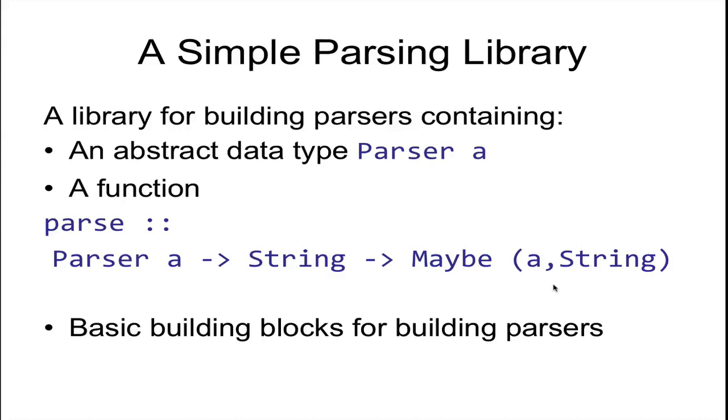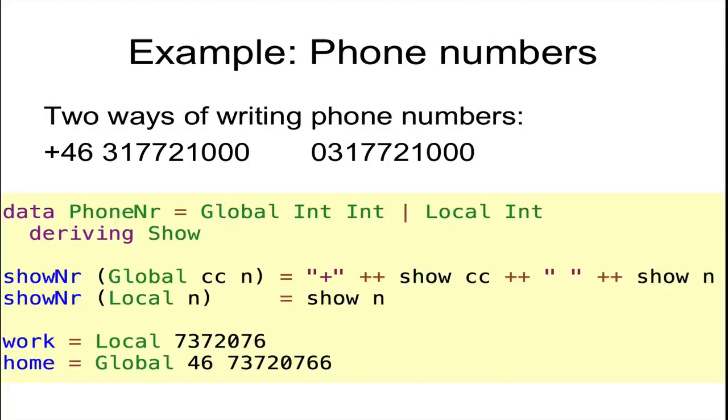So let's see this thing in action by using an example. The example that we're going to use to begin with is a little data type for phone numbers. I'm imagining a world in which there are two ways of writing down phone numbers. One is with the international notation, and the other is with just a local number, or a national number if you like.